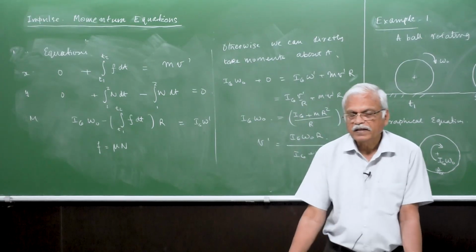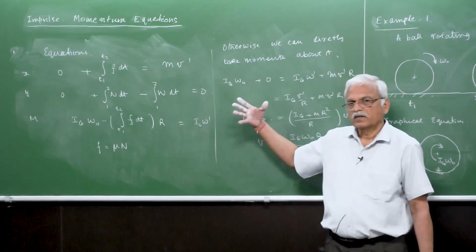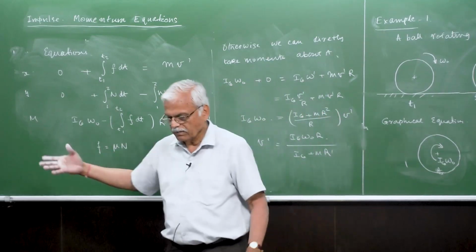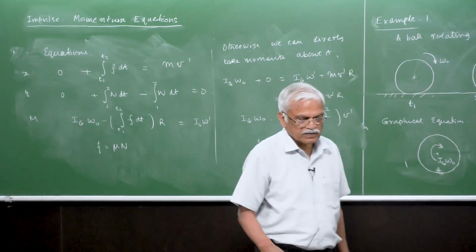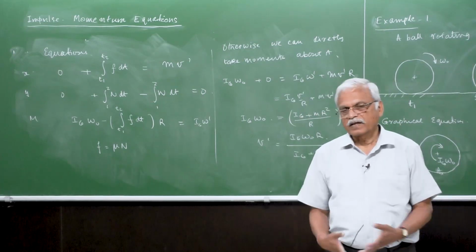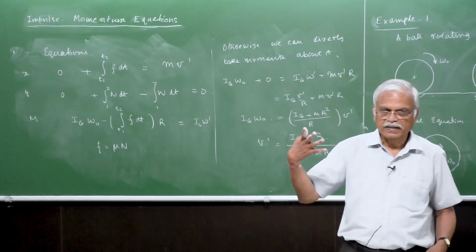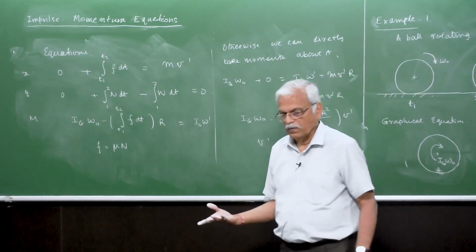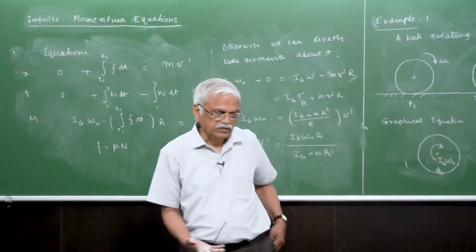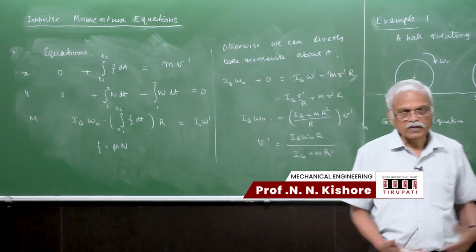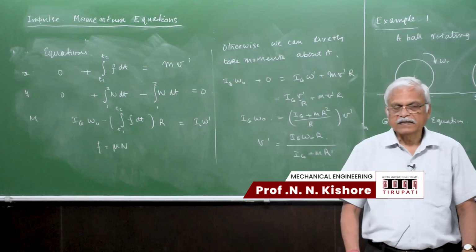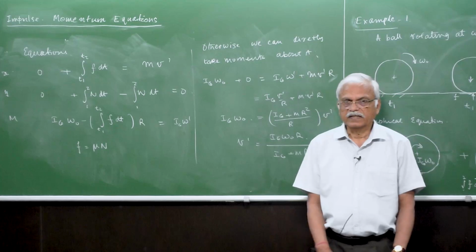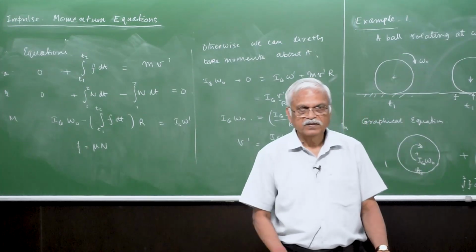The only thing again I'd like to point out is that in this impulse momentum equation, what we have done is that we have integrated the basic equations with time. So either you can calculate the a_g prime and alpha prime, and then integrate it later, so that's also equally good enough. However, this approach has certain very important applications which we are going to see in the next lecture. Okay, bye bye.